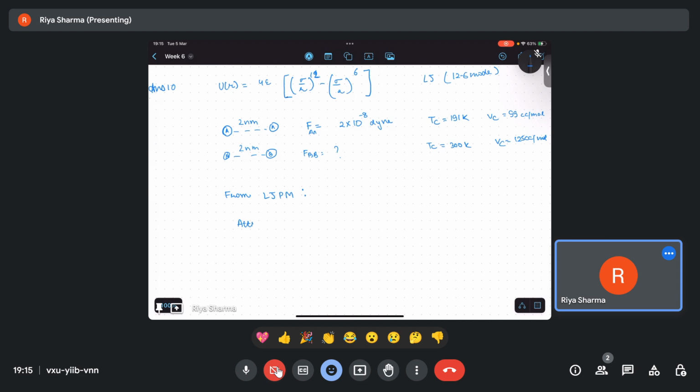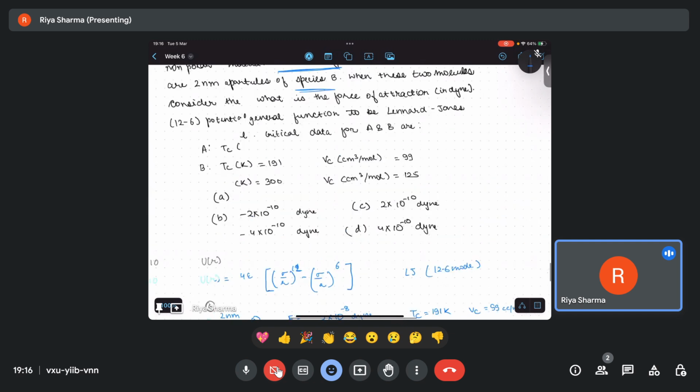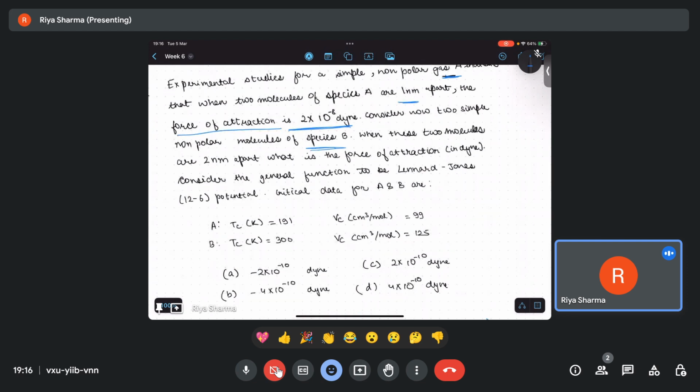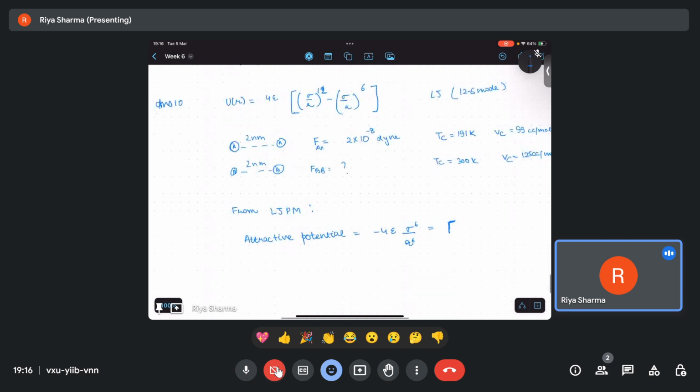The attractive potential is equal to minus 4 epsilon times sigma by r to the 6. Since they are asking about the force of attraction, we only have to take the attraction term.